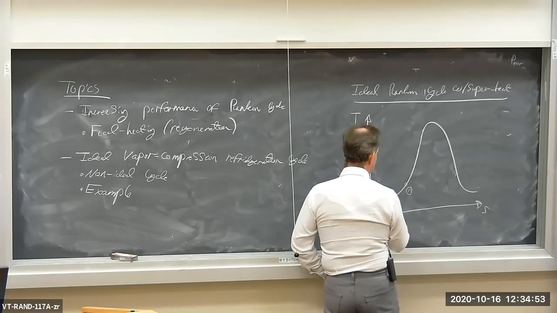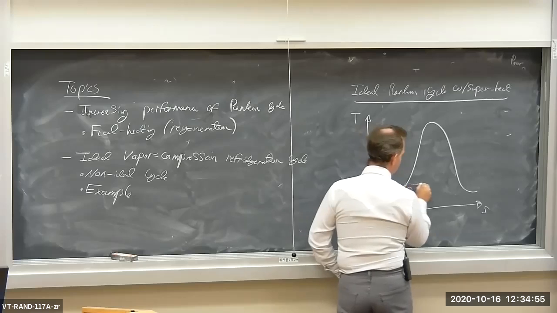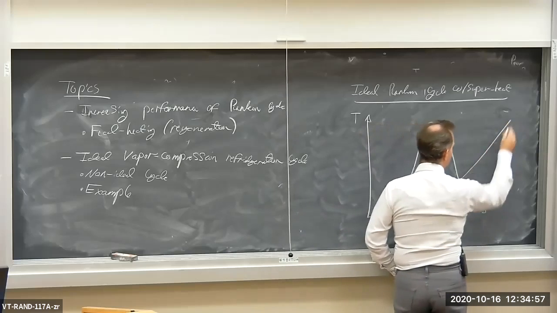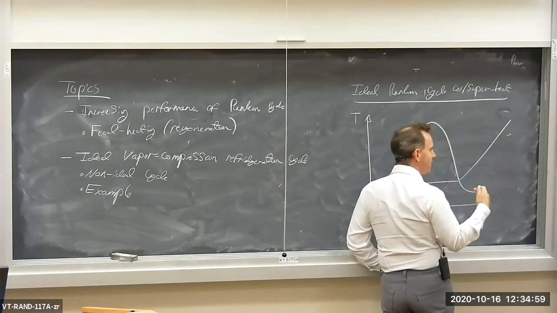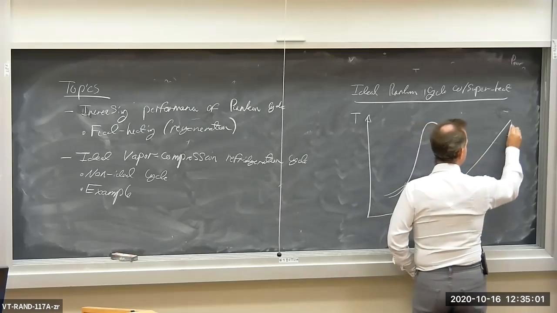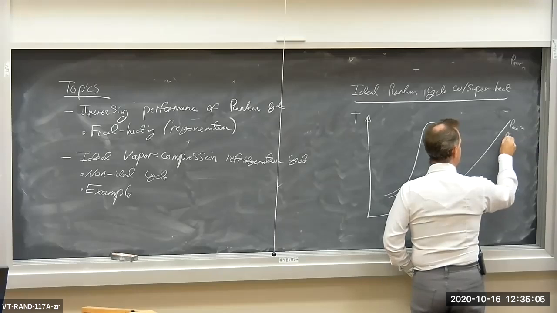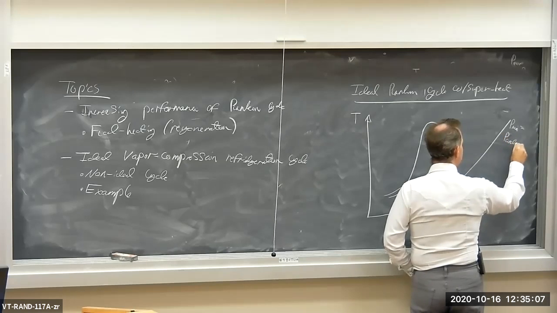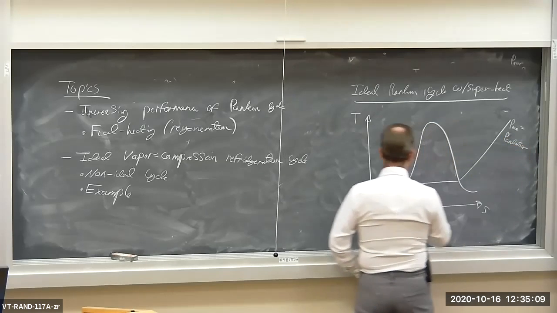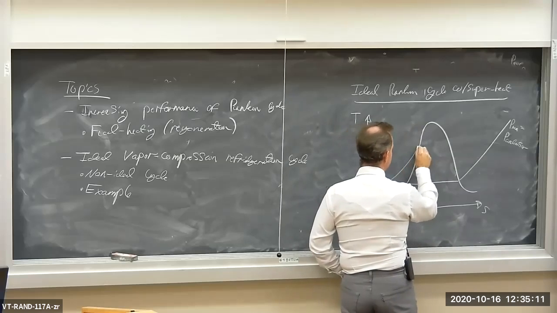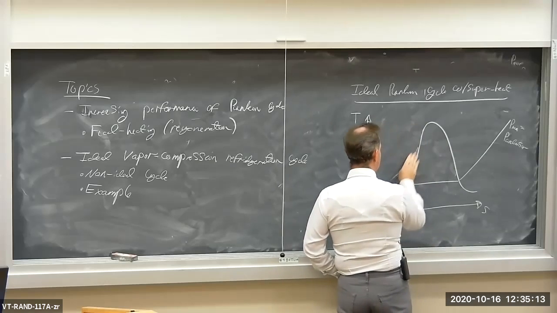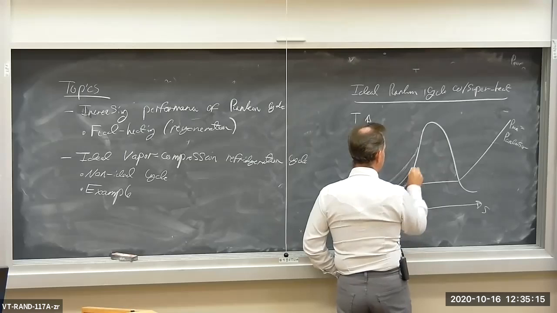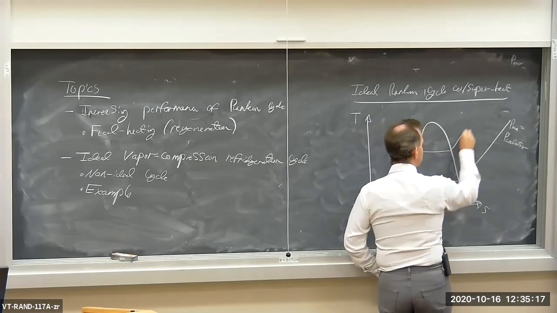Oh, I'm sorry. Let me put in the isobars here, the P min and the P max, or if you like, the P condenser and the P boiler. So P min is the condenser, and P max is the boiler pressure.